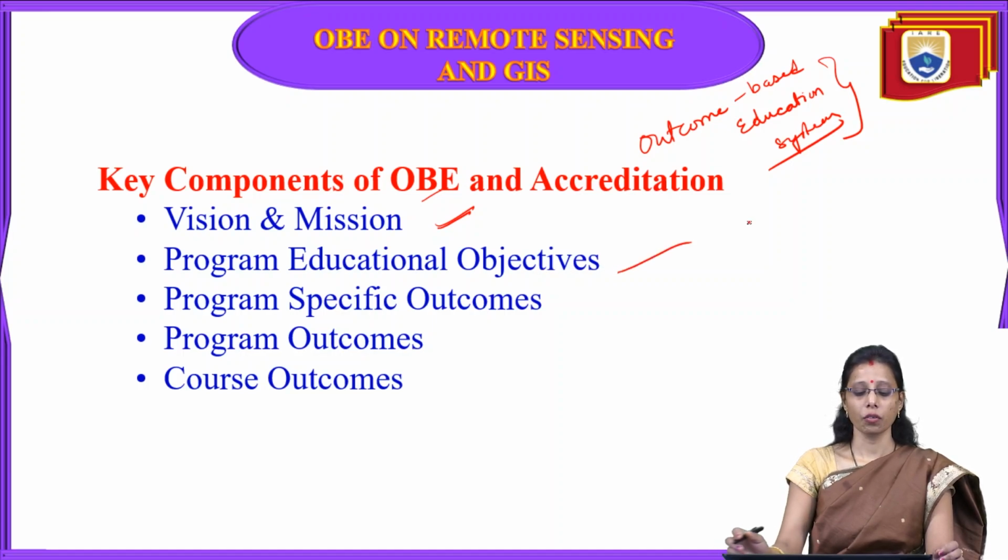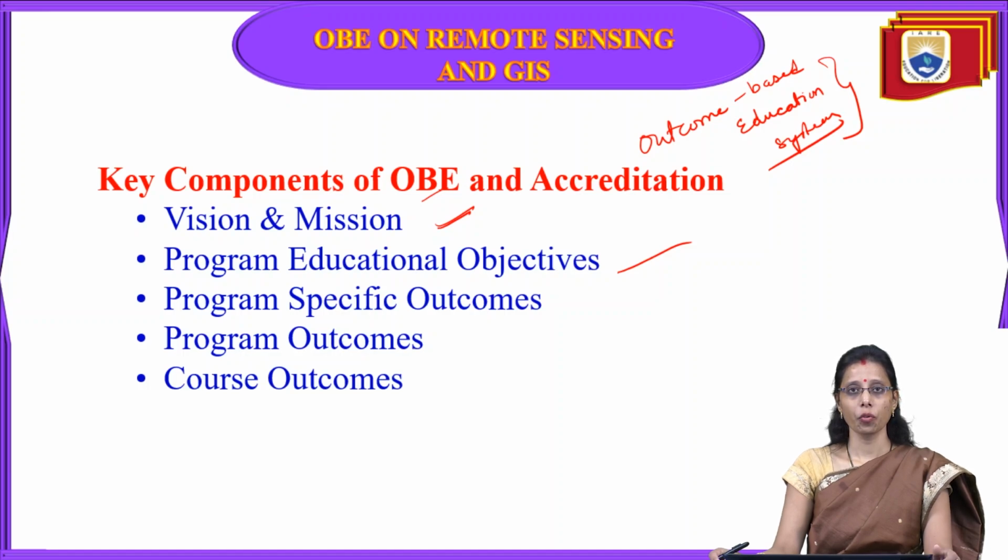Then program educational outcomes, that is the PEO. Whatever program the student is going to take, like the BTech program, the educational objectives of that particular program have to be displayed, and then program specific outcomes.